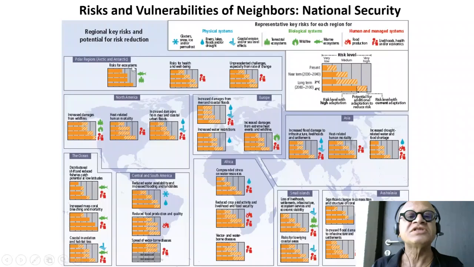So risks in the polar systems are high with very little room for additional reductions because of adaptation, but in human managed food production systems and livelihood and health or economics, there are ways to reduce these.